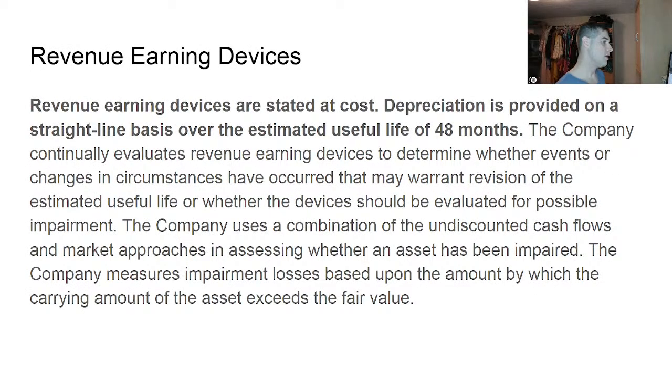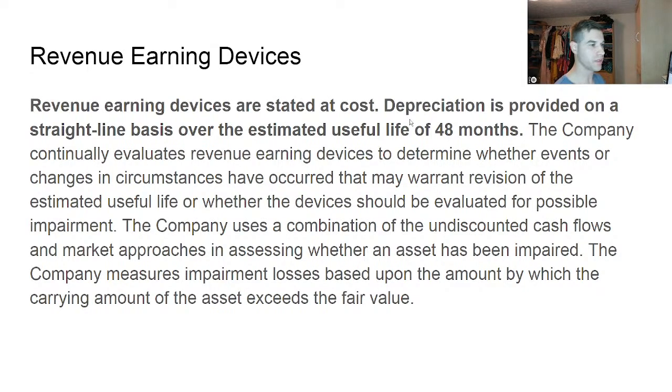And so I have a couple quotes that I've copy pasted here just to call out a couple important items in accounting policies. For revenue earning devices, they are stated at cost, and it says that they depreciate these over an estimated useful life of 48 months, right? Straight line basis.